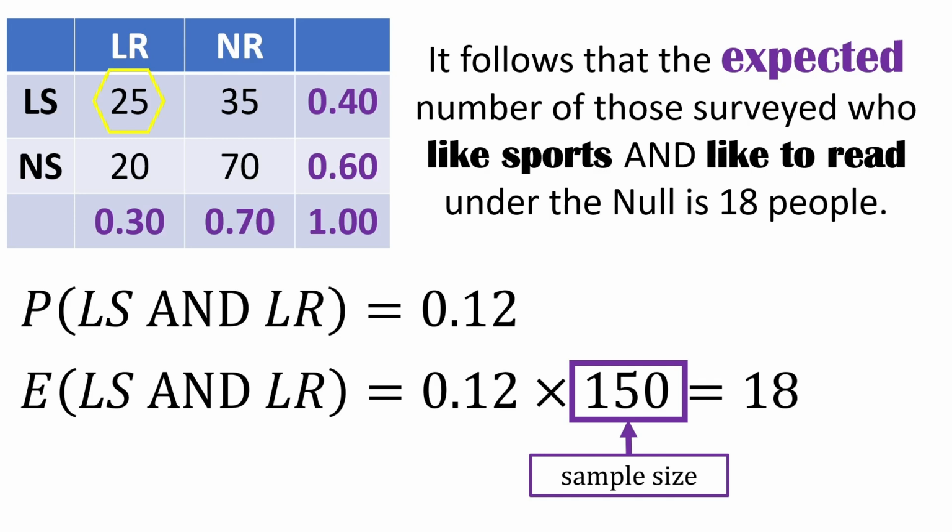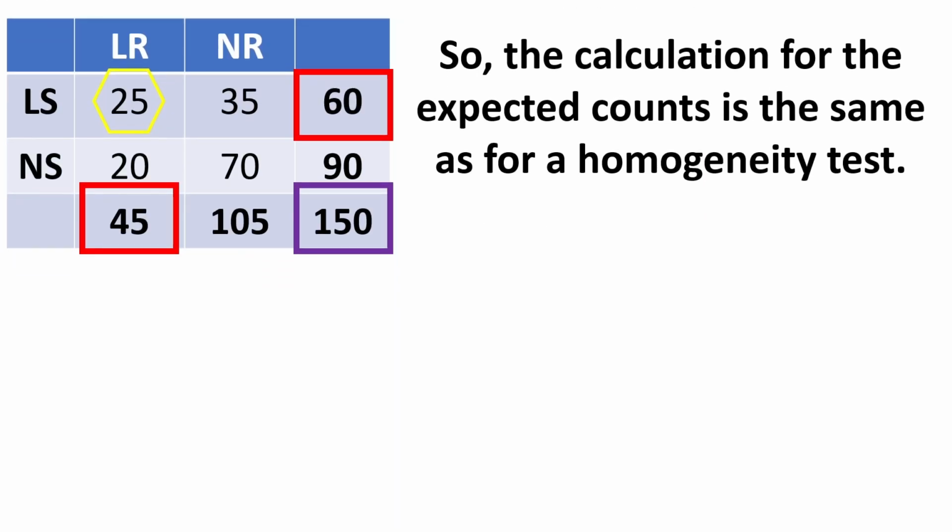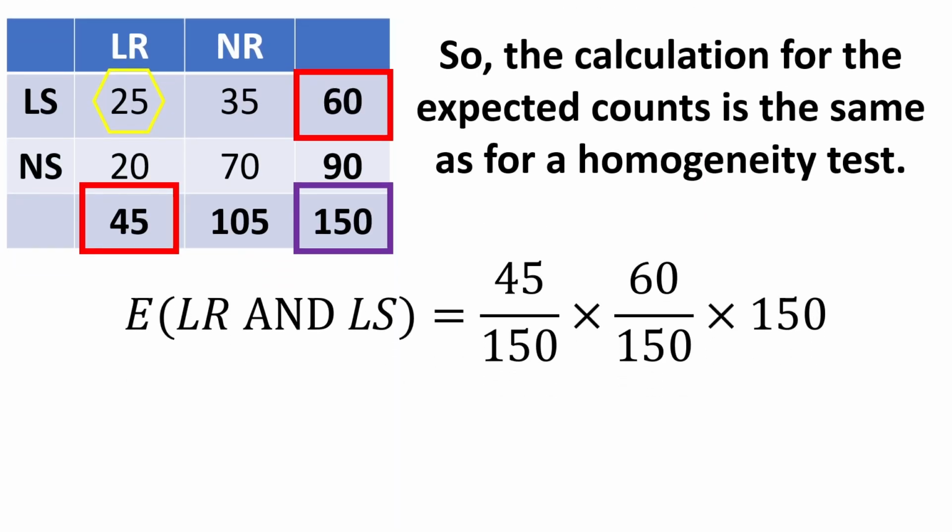Now, why did I go to the trouble of explaining this? Because I want to show you here the expected count for this first contingency marked in yellow. We're taking first 45 over 150. What is that? That's the probability that a person likes to read. We're multiplying that by 60 over 150.